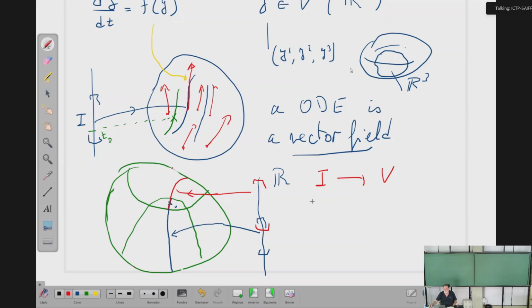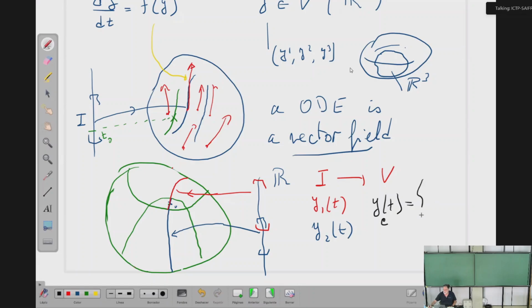And the way I extend is the following. I have a y1 of t, which is the red one, and I have the blue one, y2 of t, and in the intersection I define a black one, y of t, the extension.